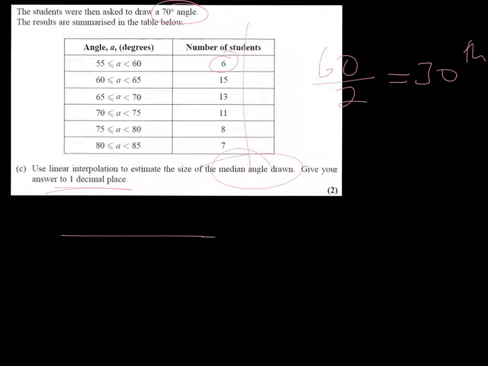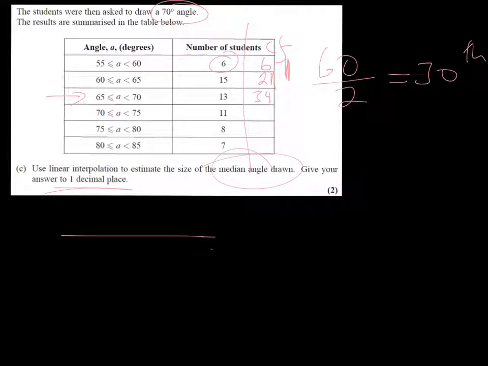So if you wanted to do a little CF table column here, you could, you don't need to. So this is going to be 6. So the first 21 are going to be in here. So therefore the 30th result is going to lie somewhere in this class interval here, because the first 21 are here, so the 30th will be somewhere between 65 and 70, but we're not quite sure where.